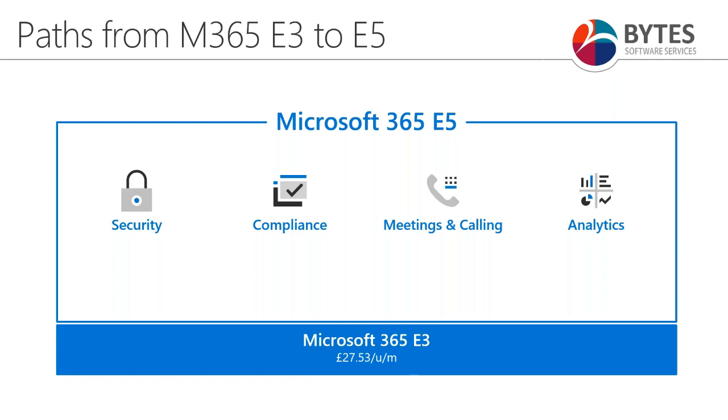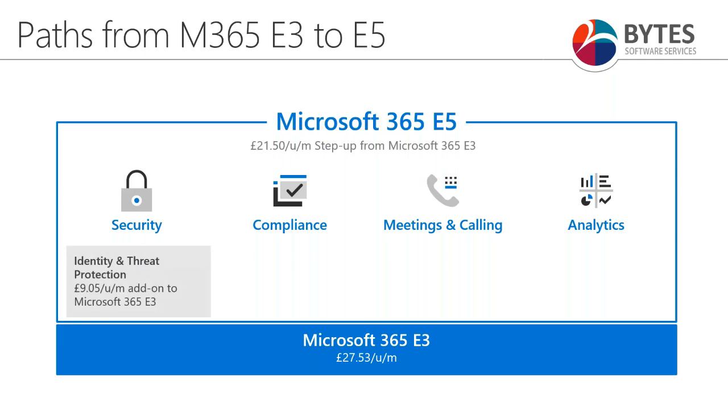If you're looking at the security pieces and you don't want to go all the way to Microsoft 365 E5, you just want the identity and threat protection pieces, or the compliance pieces, information protection and compliance, you can take those on as add-ons from E3. So you'll have the E3, and you'll buy the identity and threat protection add-on or the information protection and compliance add-on to give you either one of those capabilities that you're looking to get.